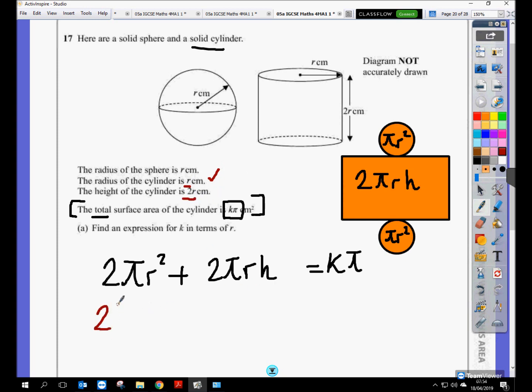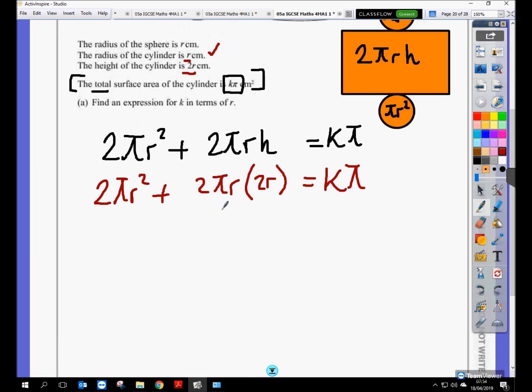The radius of the cylinder is indeed r, but the height of the cylinder is 2r, so I need to change that. So we have 2 pi r squared plus 2 pi r times h, which is 2r. This is all equal to k pi. Now we can simplify this a little bit.